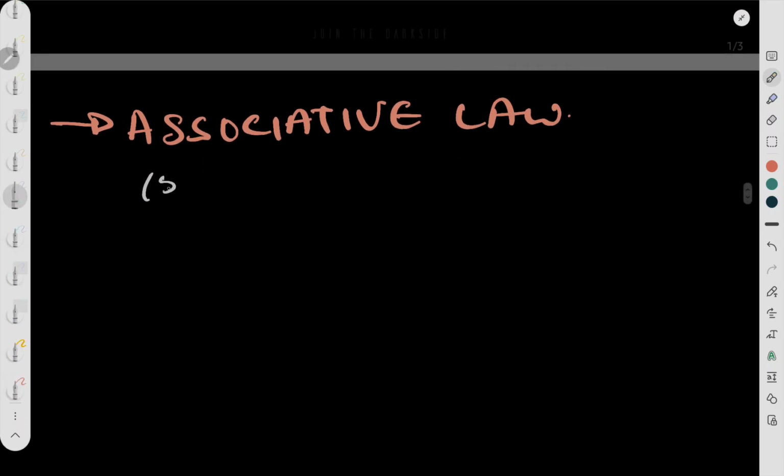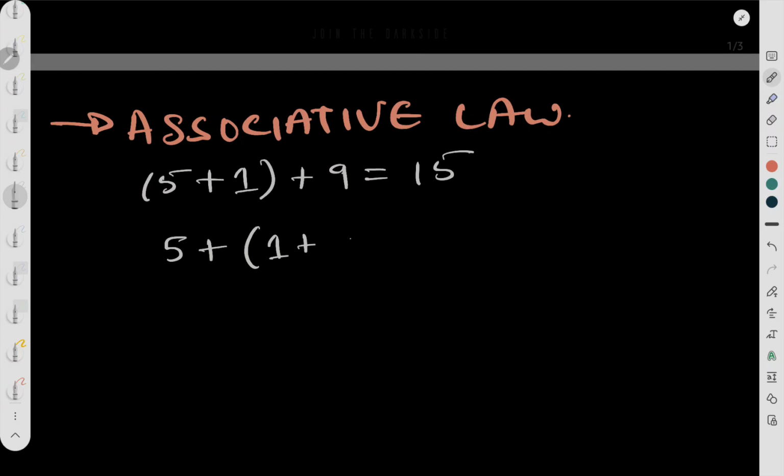If we do bracket 5 plus 1, plus 9, it will give you 15. Now if we move these brackets, if we do it like 5 plus, bracket 1 plus 9, it will again give you 15. So adding bracket means grouping.